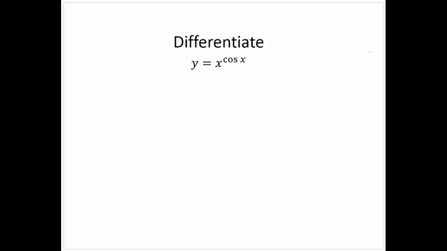So I'll apply the natural log to both sides of this equation. And so then the natural log of y would equal, I can bring that exponent down, cosine x times natural log x. Now I'll apply the differential, d by dx, d by dx.